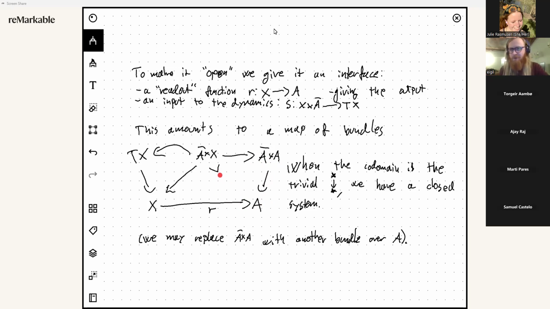There's nothing interesting going on here because it's trivial, so this is just the trivial bundle of a bar over x. And then the dynamics map from x times a bar to tx has the property that it's a kind of parameterized section, that every x goes to some tx that sits over it, which is precisely the fact that this triangle commutes.